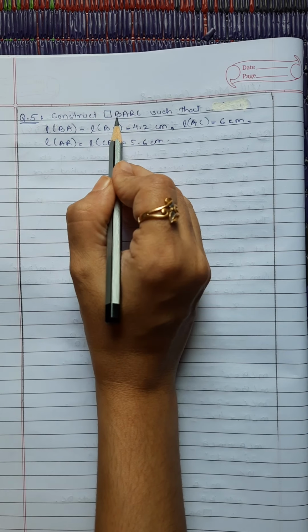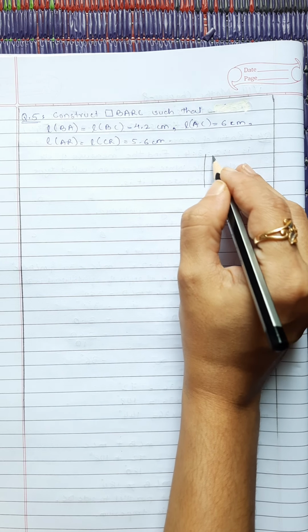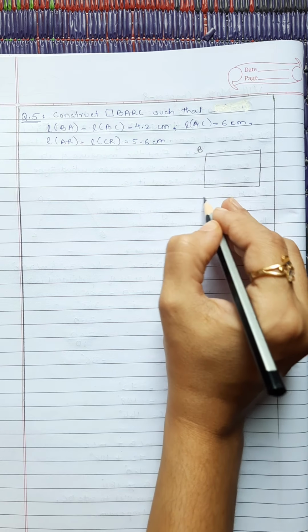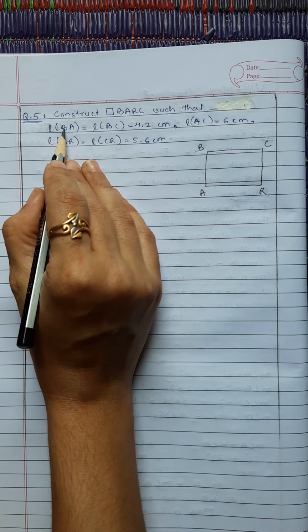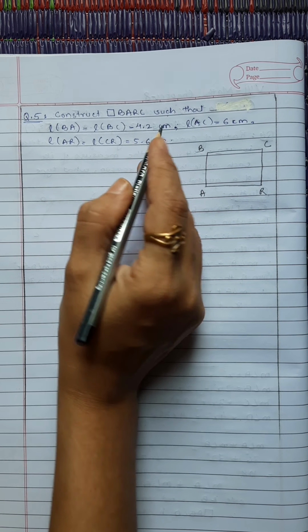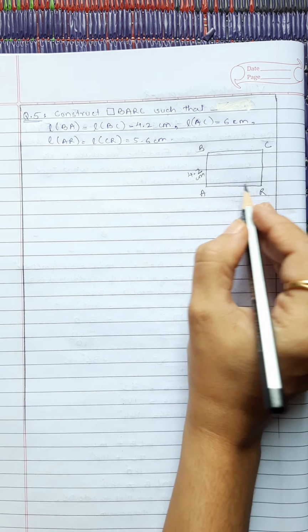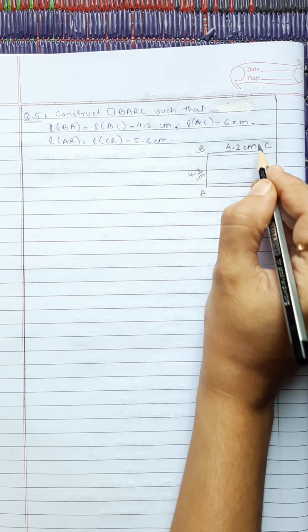Question 5 is construct quadrilateral BARC such that. So we'll go for a rough diagram of quadrilateral BARC, in which length of BA will be equal to BC, that is 4.2 centimeters. So BA will be 4.2 centimeters and BC will also be 4.2 centimeters.